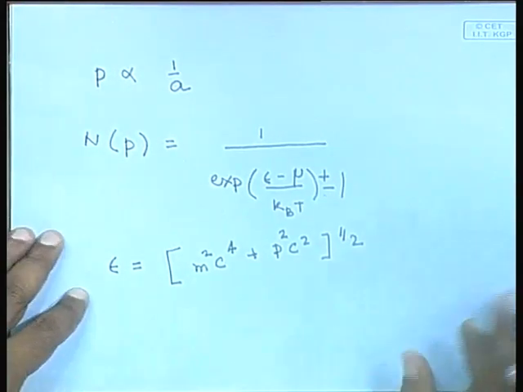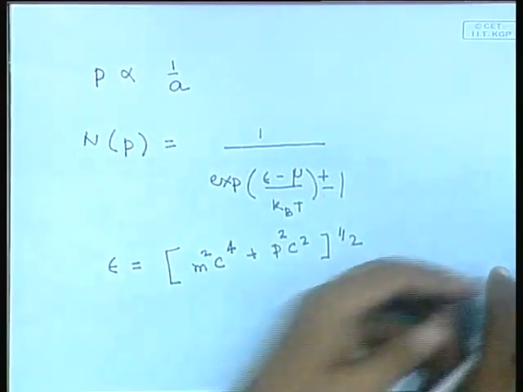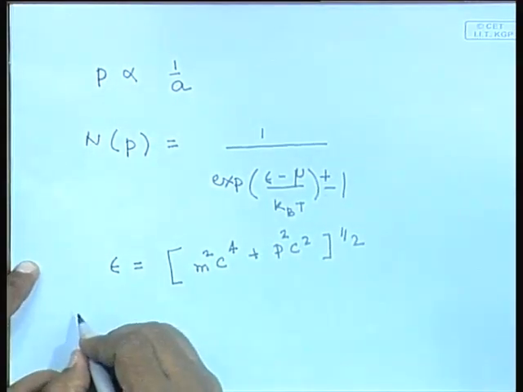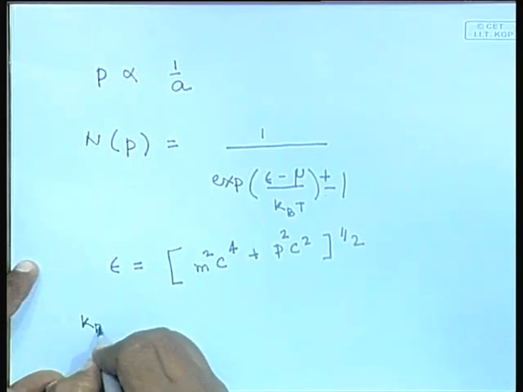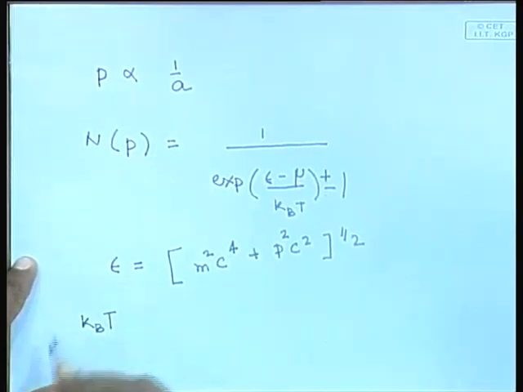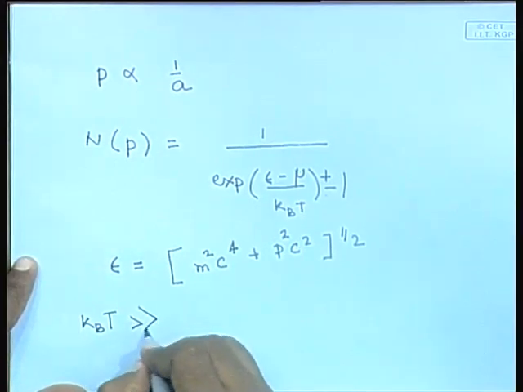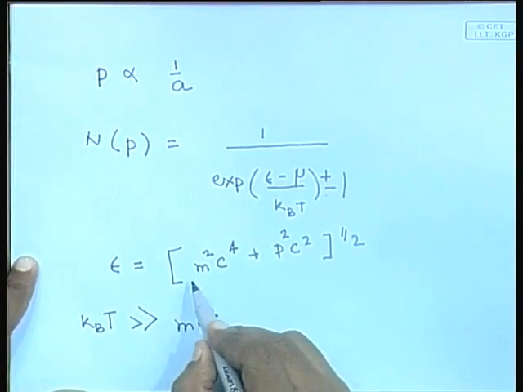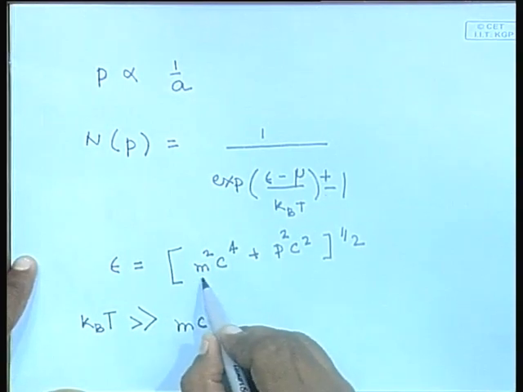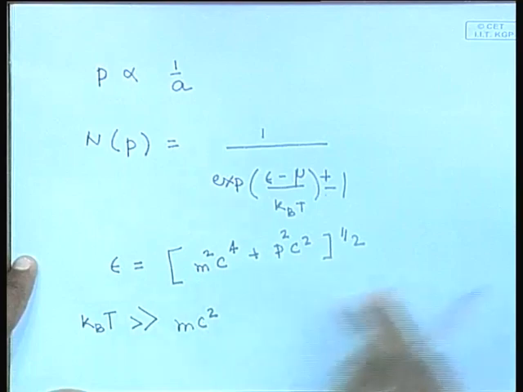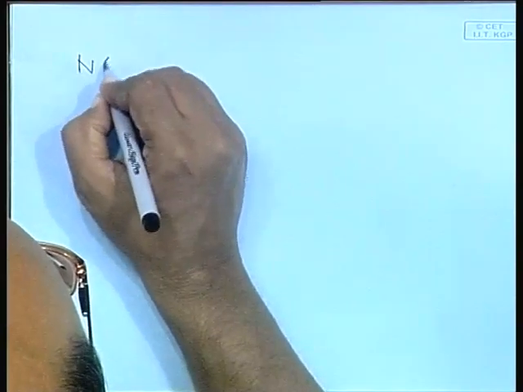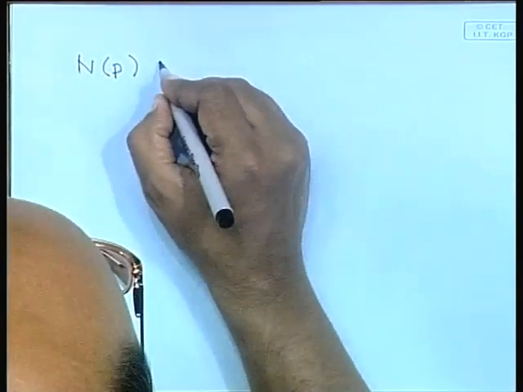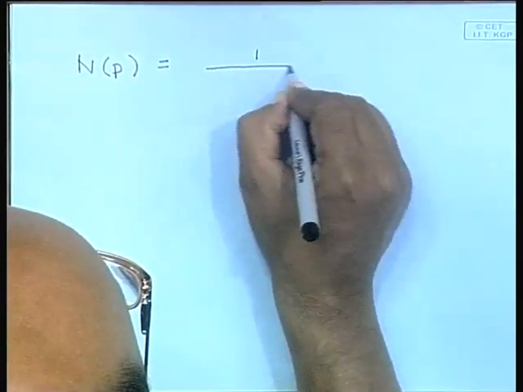Now, we had also seen that if we take the limit where kBT, so the temperature, is such that it is much higher than the rest mass of the particle, then we may ignore the rest mass contribution, which is this term in the expression for the energy, and the occupation number then can be written as this.